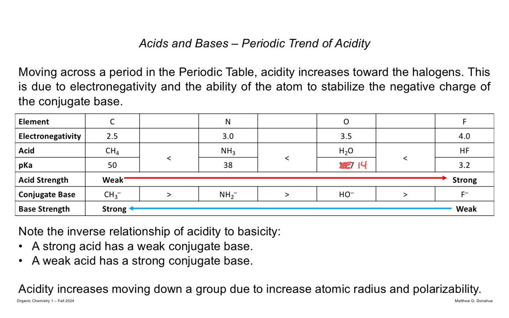As you go down the group, the acidity increases. Again, because you're sort of mismatching the size of the atoms at that point, the bonds become longer, therefore the existing bond is weaker, and the H atom is more acidic.